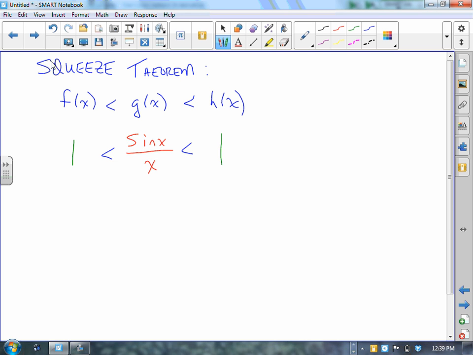So what this implies is that because sine of x over x is sandwiched or squeezed between two values that are the same, it means that sine of x over x is also equal to 1. So if you're into this stuff, please do watch that video. It's about 18 minutes. You can take and leave certain parts of it, but it is relatively good.